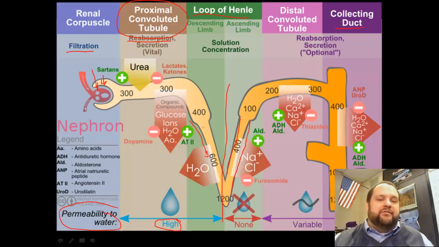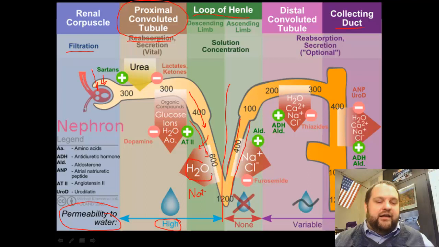So what happens is, as it goes down the descending loop, the concentration of sodium around it increases. So what happens is, as water or as urine goes down here, it gets put into an environment that has more and more sodium, and it's going to pull more and more water.